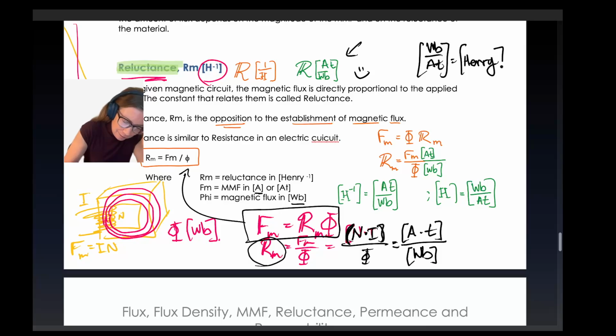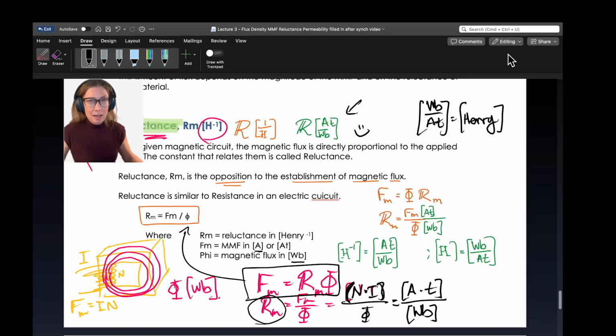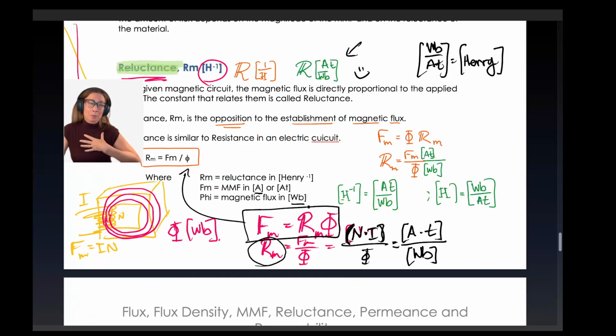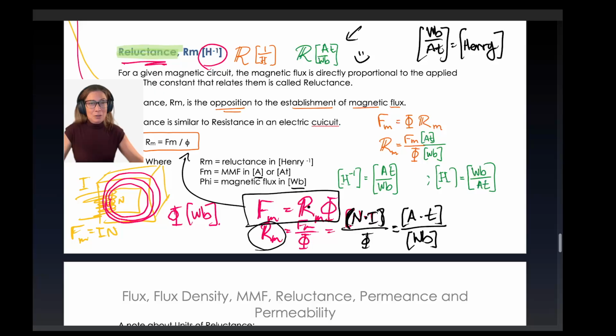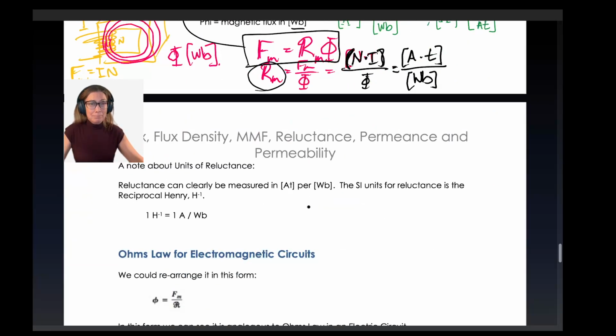Is that okay? All right, good. That's what we're going to do. So then reluctance is amp turns per Weber. So that's 1 over a Henry. So Weber kind of got walked all over here and said, sure, start calling it a Henry. But I like calling it amp turns per Weber because it helps us learn. So that's what reluctance is.